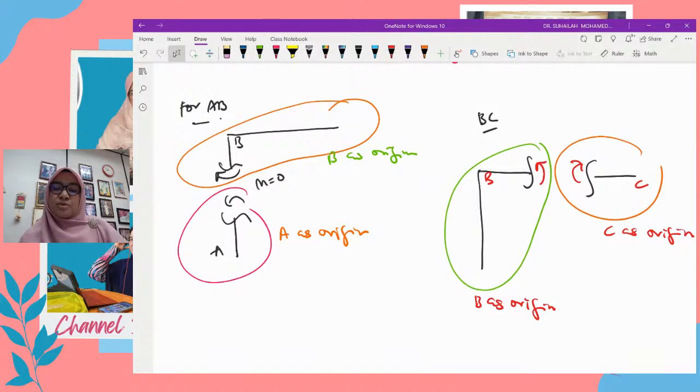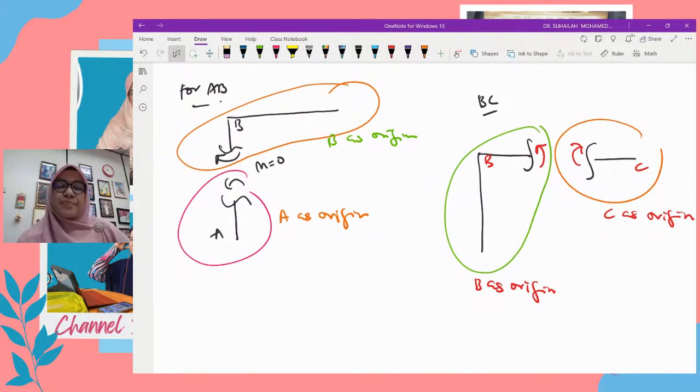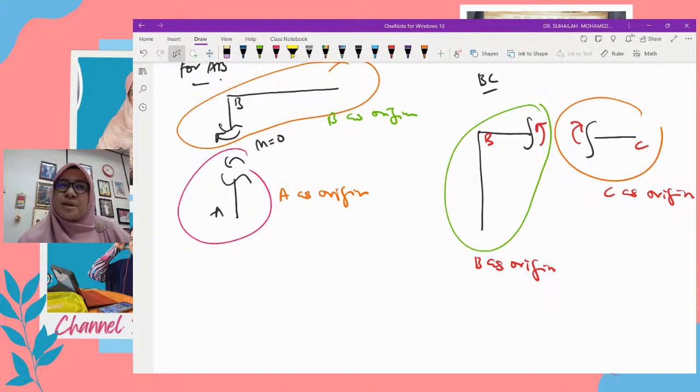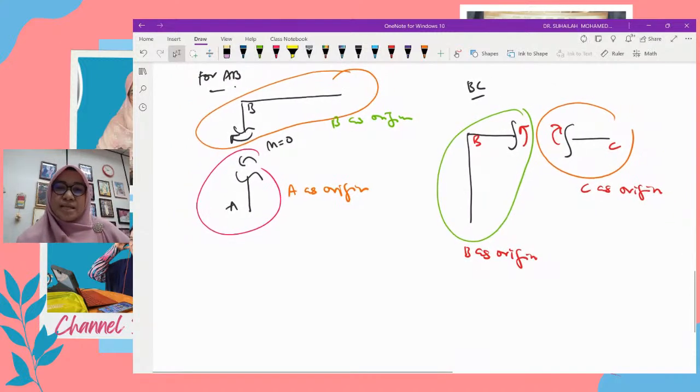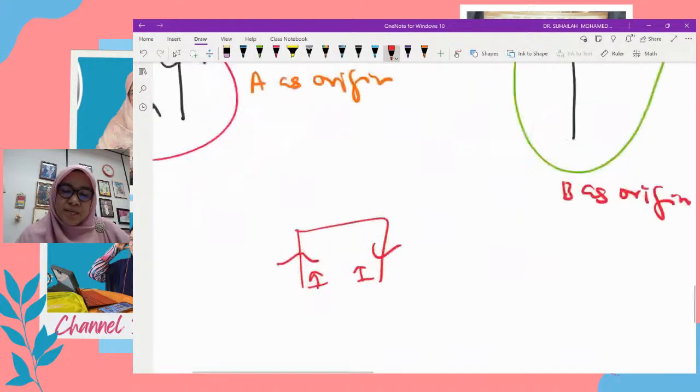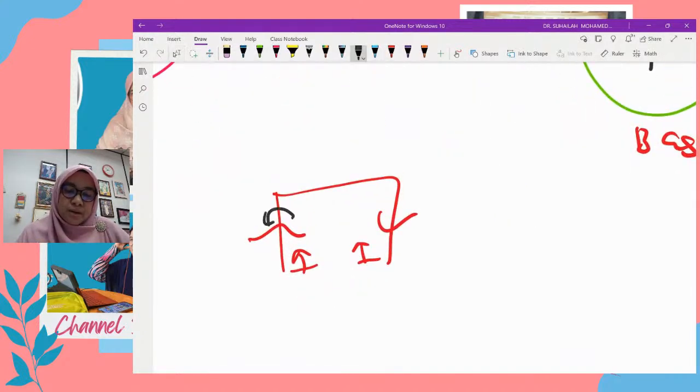So from this we can conclude, by looking at the diagram, when we have counterclockwise moment and when we have clockwise moment. Just look at the diagram. A as origin, because we have a frame like this, for the origin on this member, we will get the opposite.